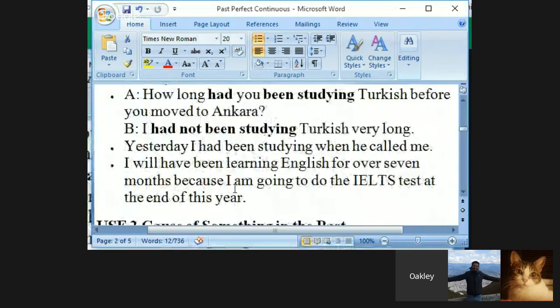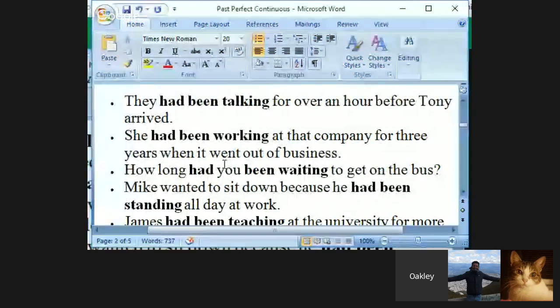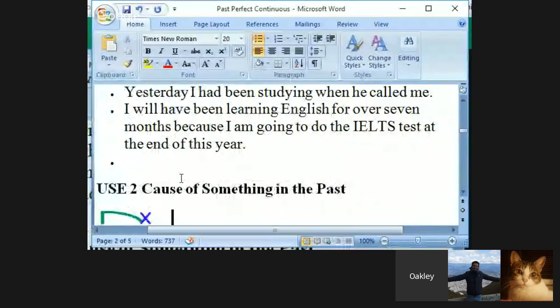I would like to give this one another shot because we kind of struggled a little bit with this basic usage. So Carolina, you want to give this a try? Okay.